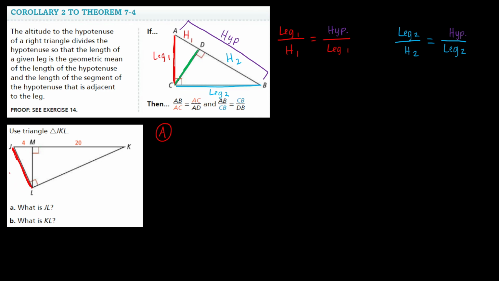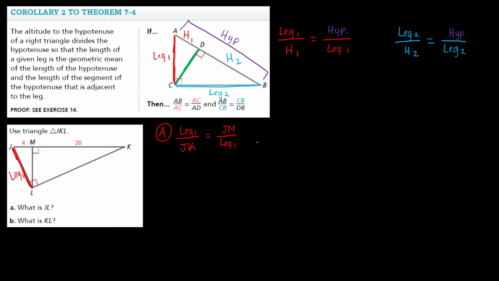So let's just call it leg 1. I know that leg 1 is the geometric mean of the whole hypotenuse. So whole hypotenuse is JK, and the portion of the hypotenuse that is closest to that leg. So JM.